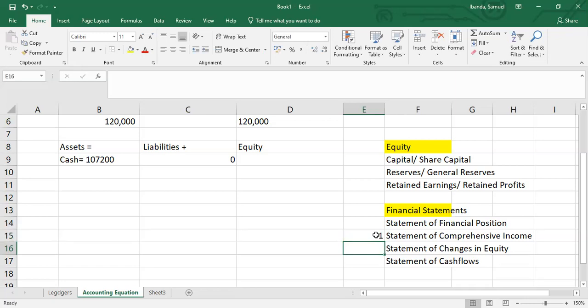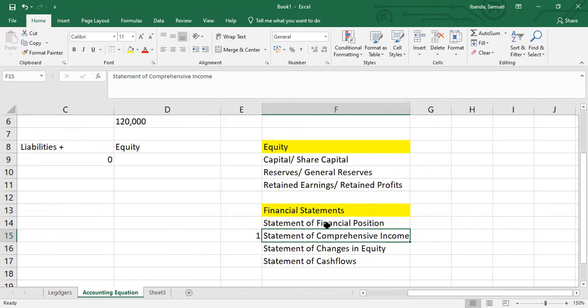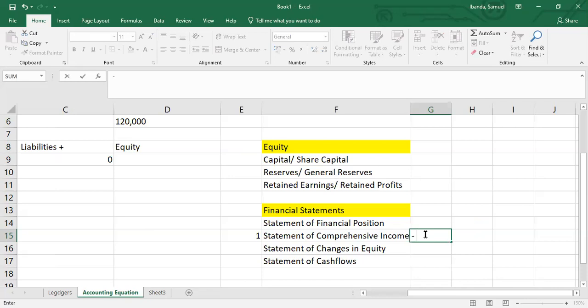And your question should be, why not the statement of financial position? It's because part of what goes in the statement of financial position comes from the statement of comprehensive income. And what exactly comes from the statement of comprehensive income that we take to the statement of financial position is our retained profits or retained earnings, which are also profit or loss for the year.